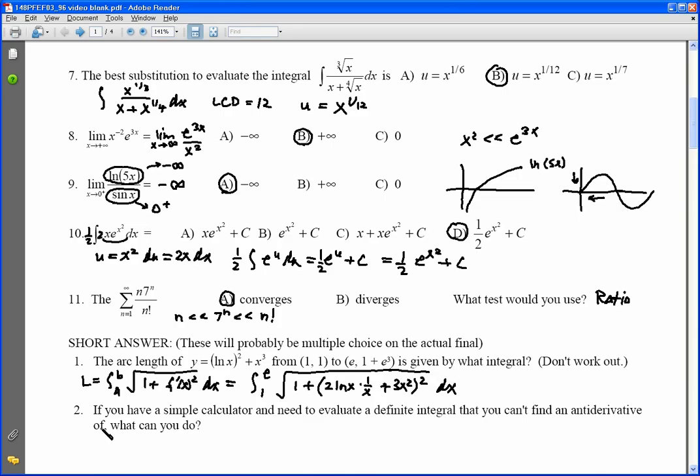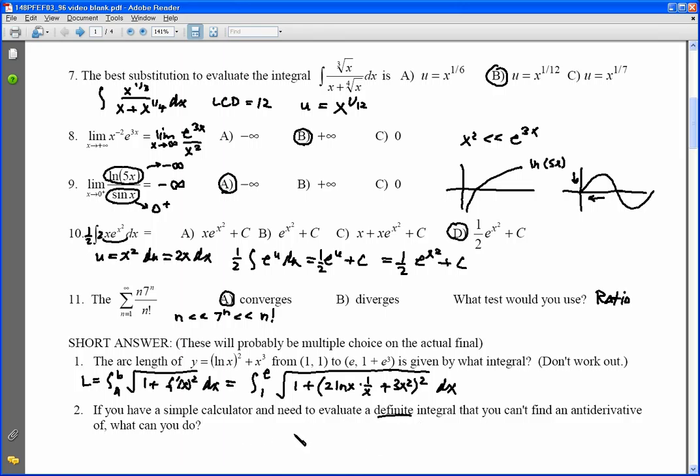Okay, and then next here, if you have a simple calculator and you need to evaluate a definite integral that you can't find the antiderivative of, what can you do? Well, if you can't find the antiderivative, then it's a definite integral here, so you can find an approximate integral.